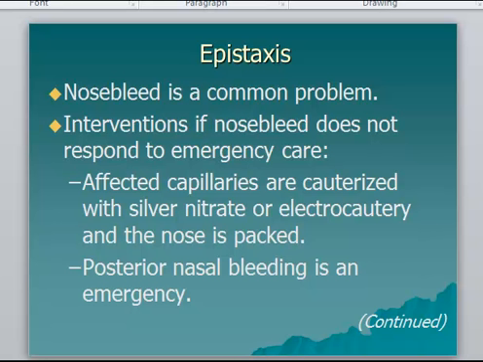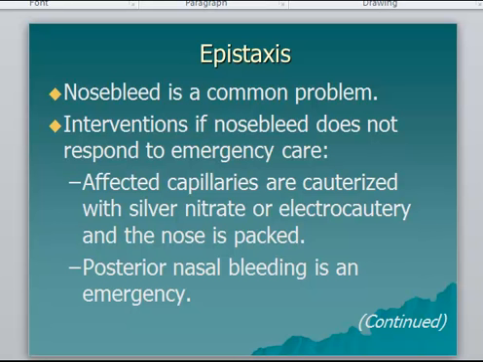Your book goes over this special plug that expands that they can use at home or in the emergency department. It's a special nasal plug that contains an agent to promote blood clotting. It's sold by Hemcon.